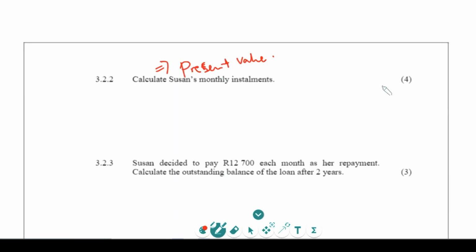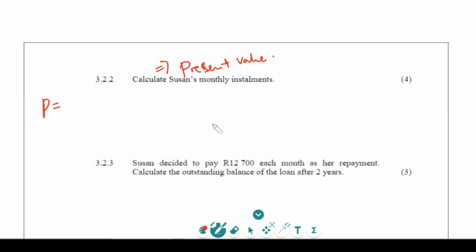Okay, so we know that the formula for the present value is P is equal to X, where P is representing our present value and X is going to represent our monthly installments.